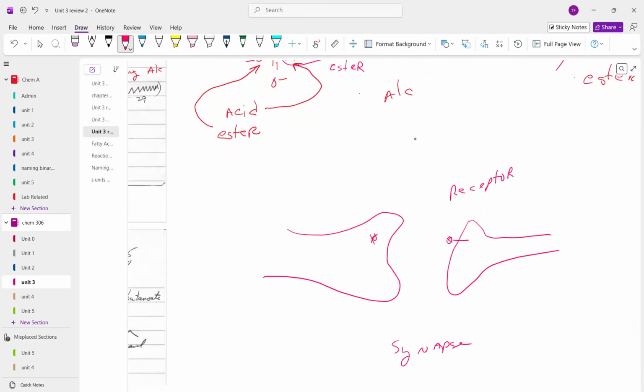Okay, as the neurotransmitter goes across here, it'll land on a receptor, and then the nerve fires.